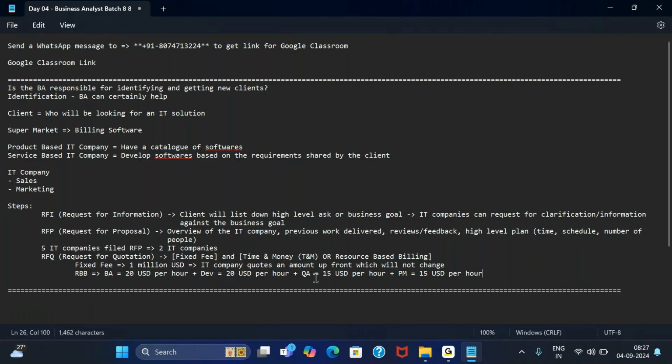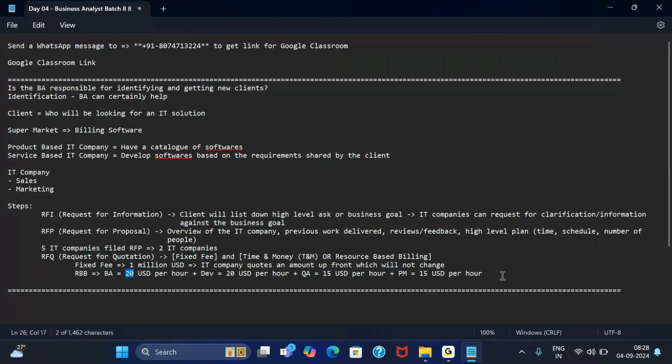I can do that. That is up to the IT company to come up with these billing rates. That is up to the IT company to identify how much to charge for every role or responsibility. And that depends on the market salaries for every individual. Depending on that, they come up with the hourly rate.